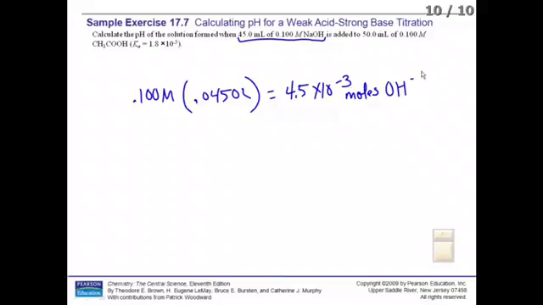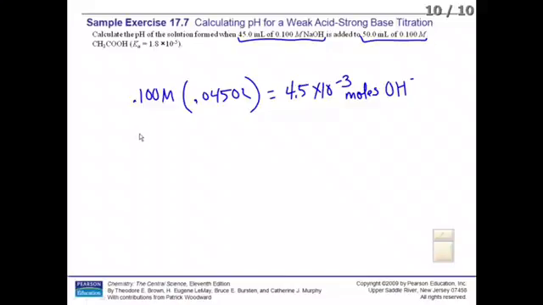Alright, so you've got 50 milliliters of the 0.1 molar acetic acid. One of the first things, since we're working with moles of OH: normally on an ICE table we could use just molarity, but when you're in a titration and you're dealing with a specific volume of acid or base, it's more typical in your ICE table to go with moles this time.